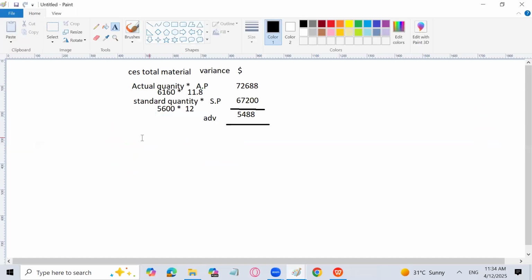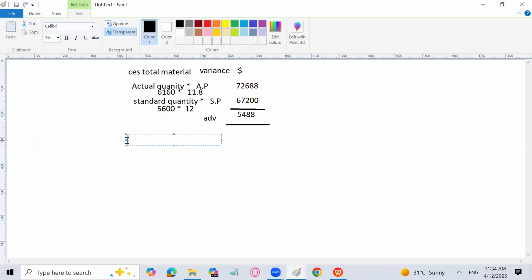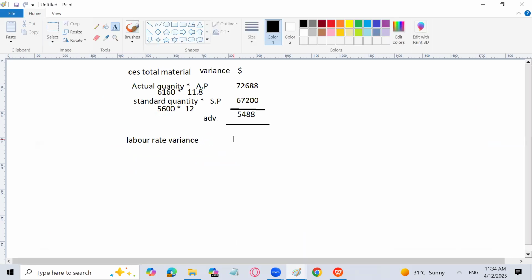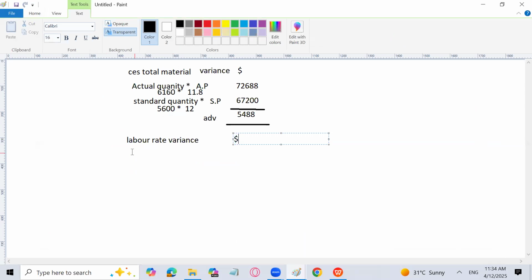Let's start with the labor rate variance. Obviously it is the difference because of the price or rate of labor. So the formula is going to be actual hours, because we know that labor is going to be consumed according to the hours.